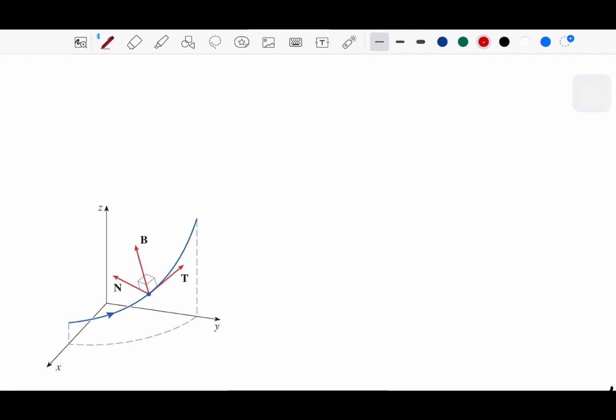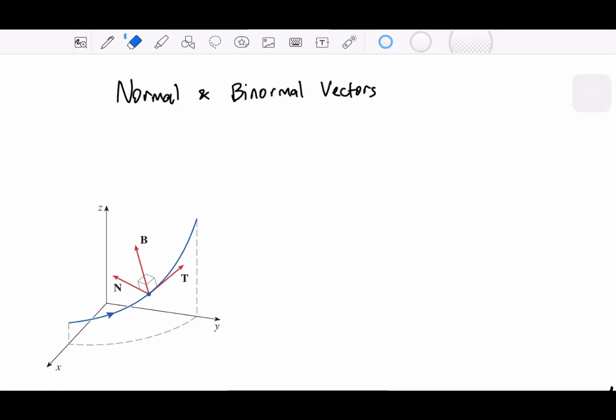So, normal and binormal vectors. And then the definition for the normal vectors.